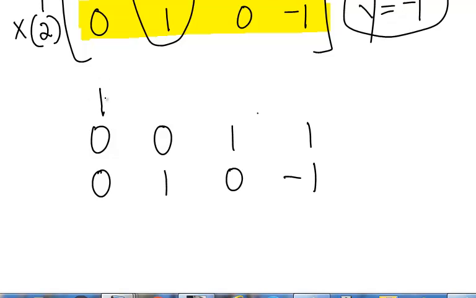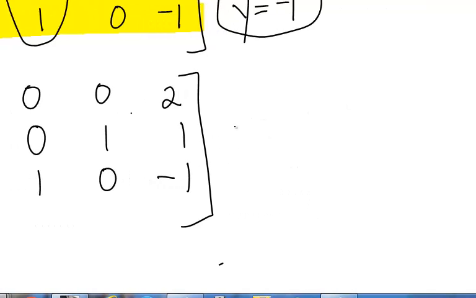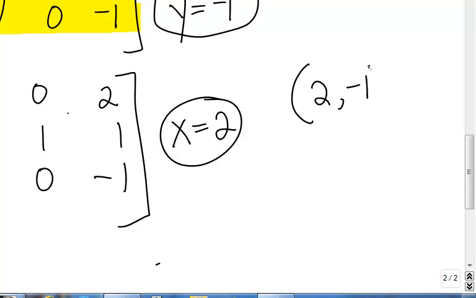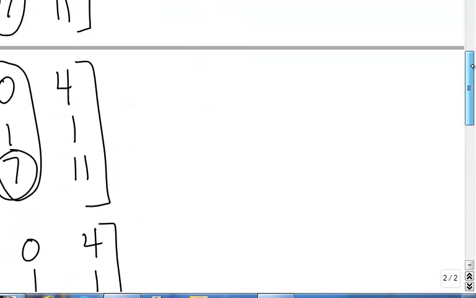Stays a 1. 2 times 1 would be 2 plus a -2, 0. 2 times 0 is 0 plus 0, 0. 2 times a -1, -2 plus 4, 2. And what answer is that? x equals 2. So now our ordered triple, we have 2, -1, what was z? 1.